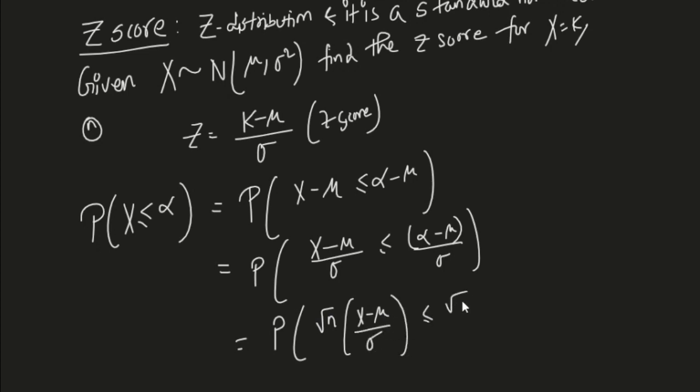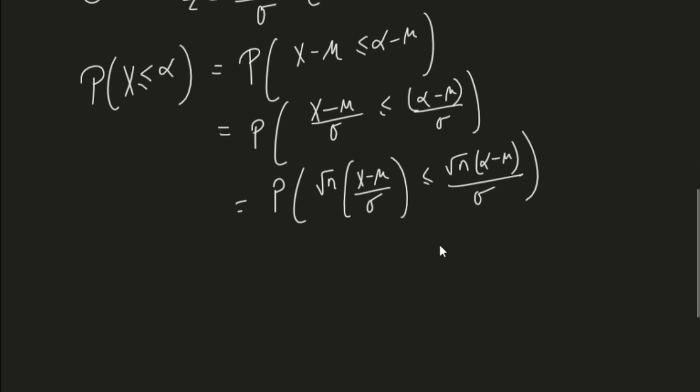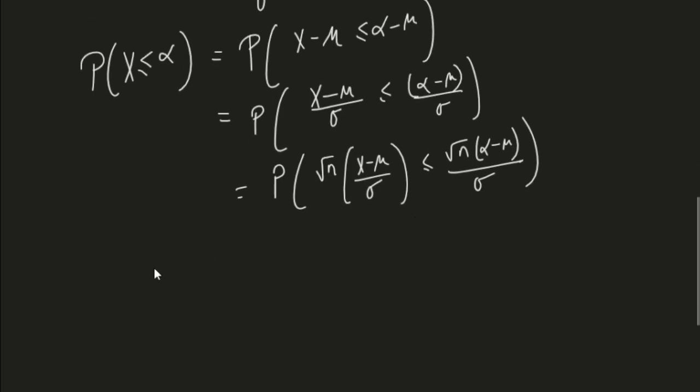and same here. Now this (x minus mu) by sigma multiplied by root n, now let t equal root n by sigma into (x minus mu).